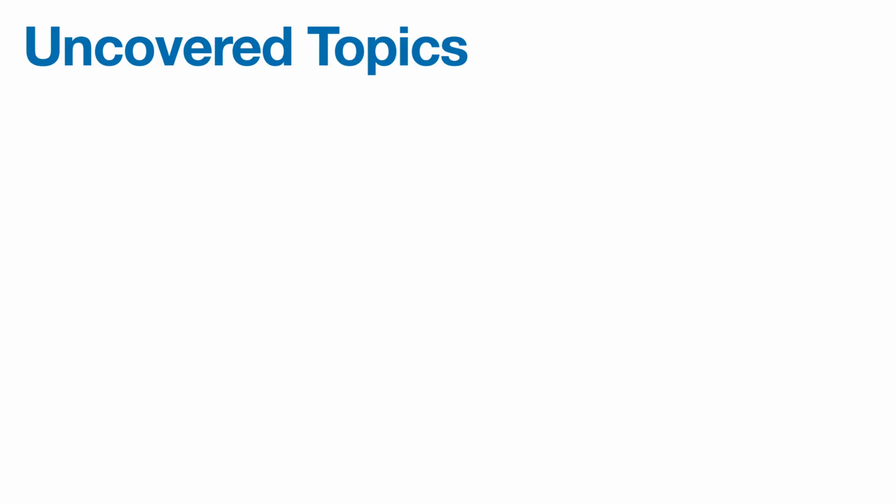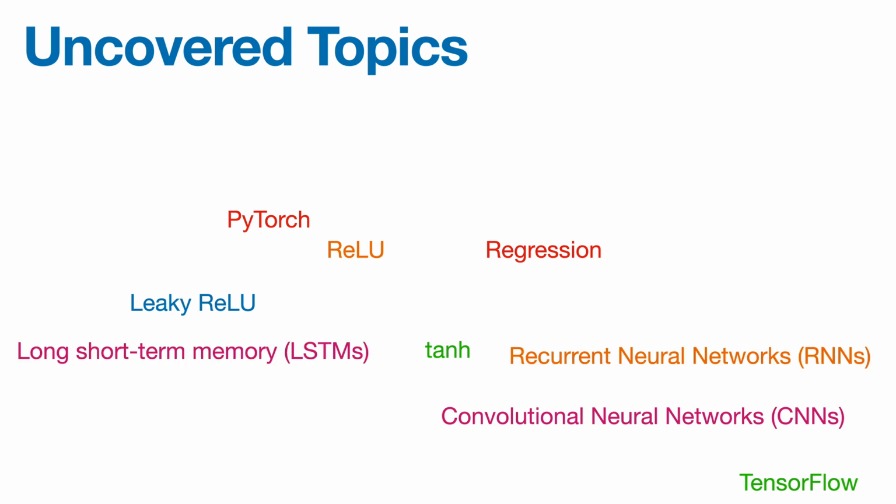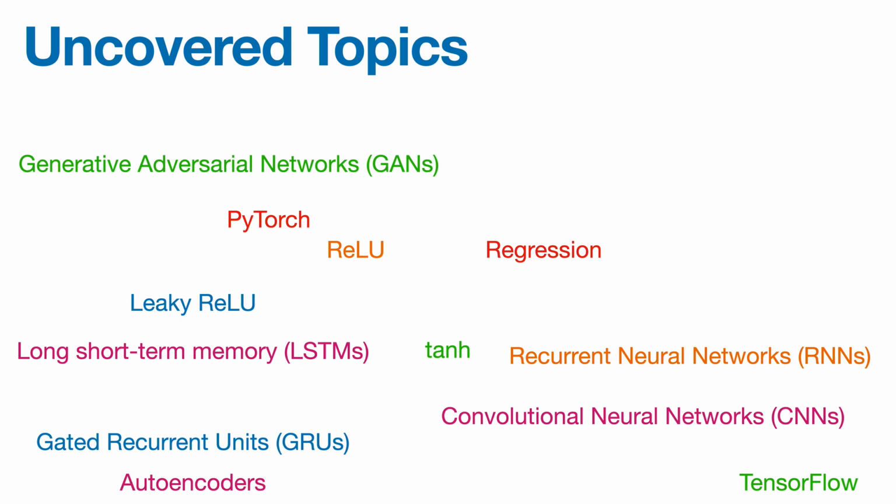There's really only a handful of things that I skipped or didn't cover, such as different activation functions like Softplus, ReLU, Leaky ReLU, different neural network libraries like TensorFlow and PyTorch, strategies for neural network regression, flavors of neural networks like convolutional neural networks, recurrent neural networks, LSTMs, GANs, GRUs, autoencoders.